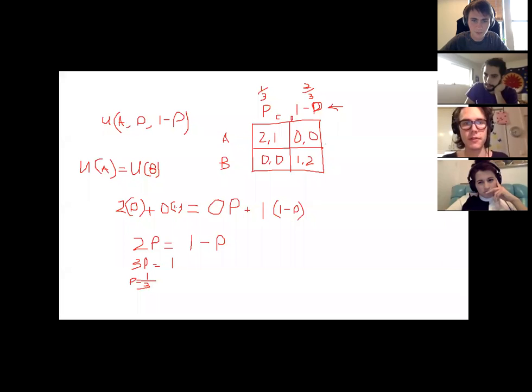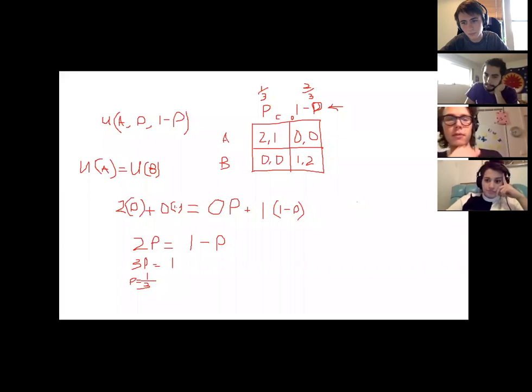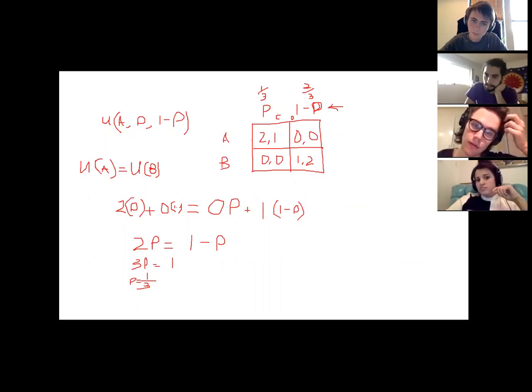Oh, okay, because also the first element in a particular entry in the matrix is the row player. So when we have 2-1, the 2 corresponds to the row player, i.e., player one. And that corresponds to A, right? Or player one, sorry.